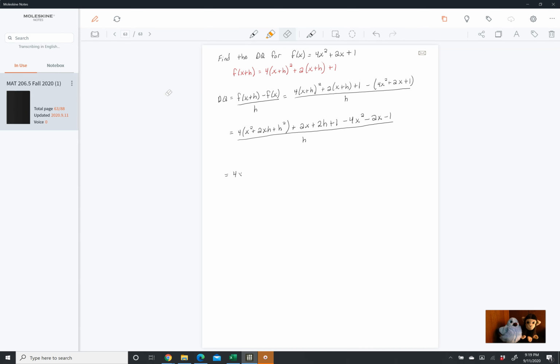We're going to distribute the 4, so we get 4x squared plus 8xh plus 4h squared. Then plus 2x plus 2h plus 1 minus 4x squared minus 2x minus 1 over this whole thing over h, right?